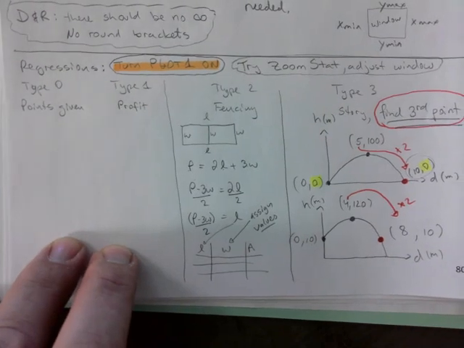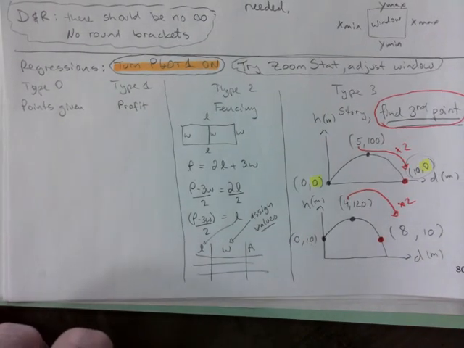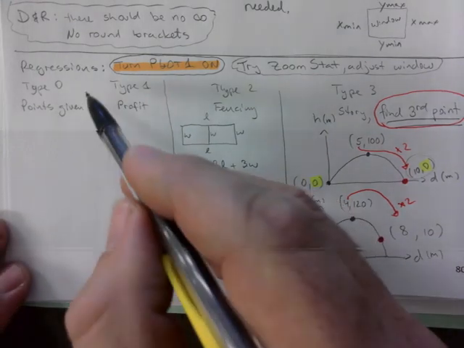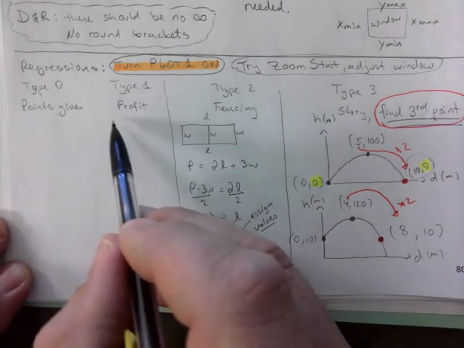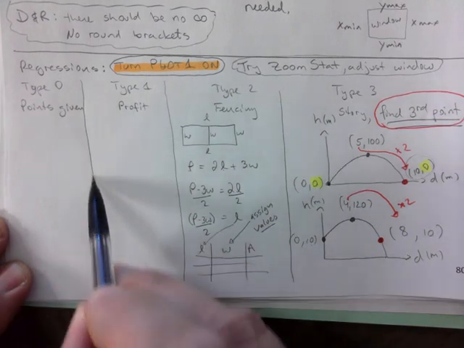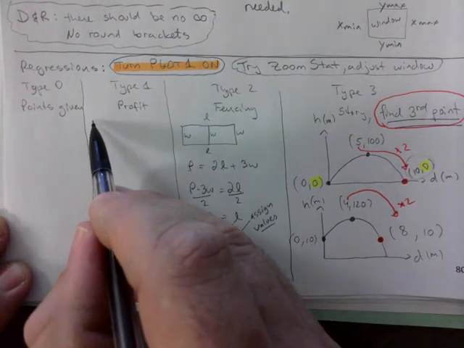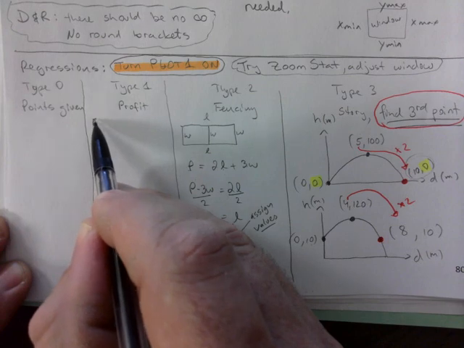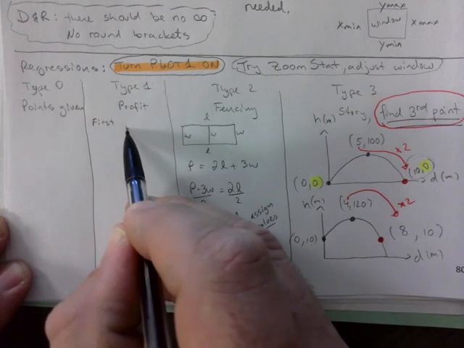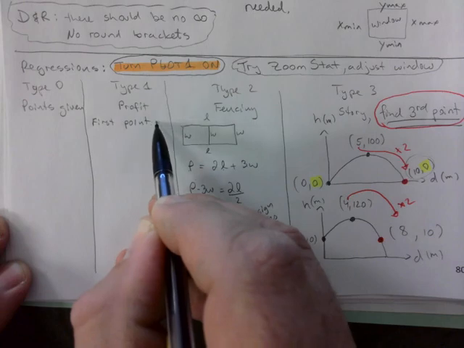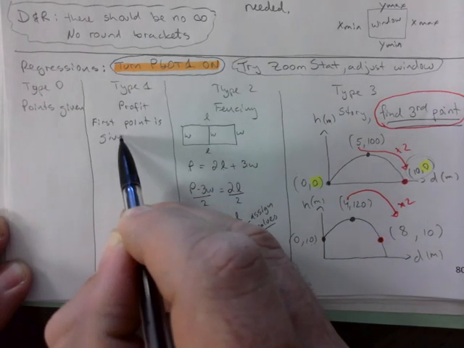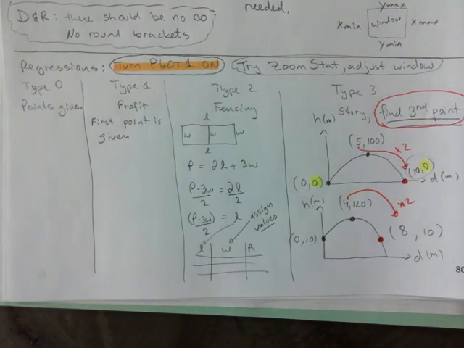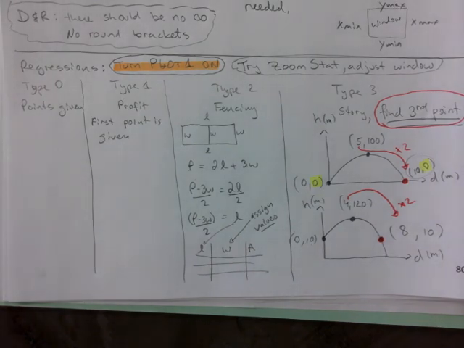The profit type, I'm quite certain that you're okay with those, from what I've seen. First point is given. Like they'll say at $5 you sell 1,000 donuts or whatever, or breakfast sandwiches.